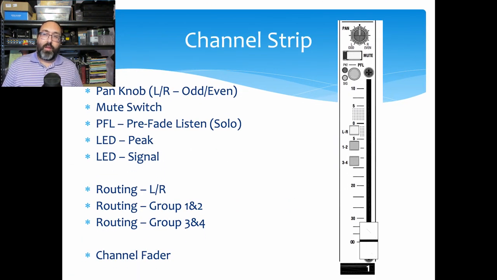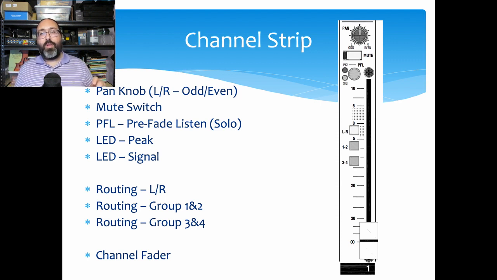So going back down on the channel strip, we have our pan knob. This lets you select, if you select that channel to be in the left and right, and you turn the pan all the way to the left, it'll be to the left, and you turn it all the way to the right, it'll be on the right. It also lets you select, if you decide to send it to one of the groups, it selects it odd or even.